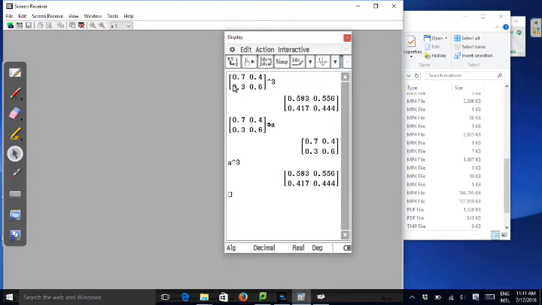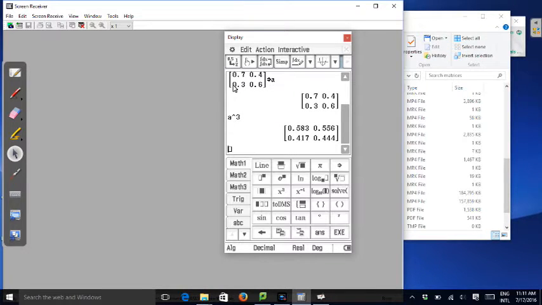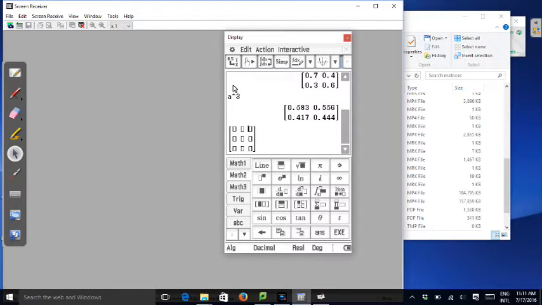So again, get your matrix. This is a 3 by 3 this time.